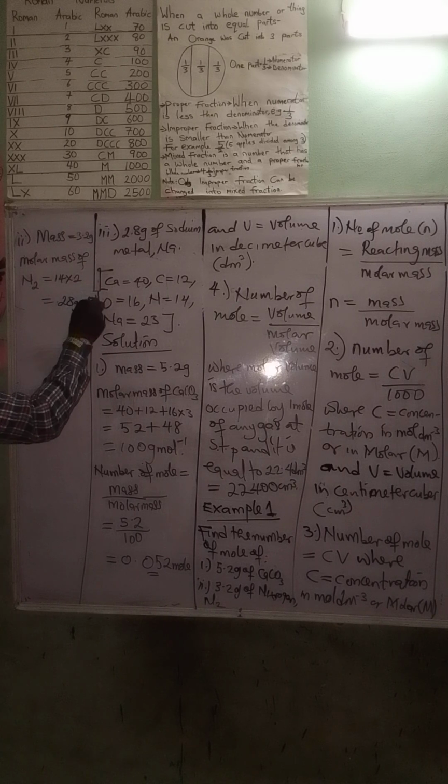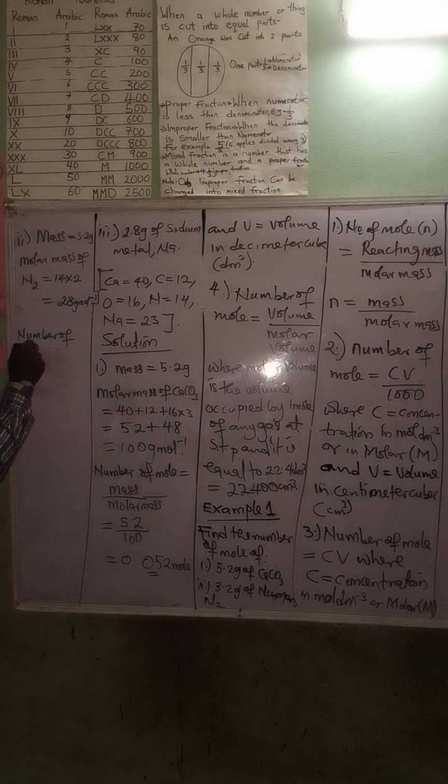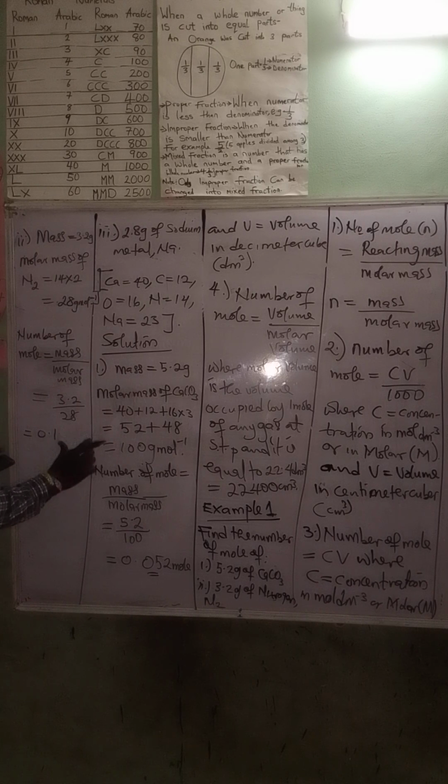Now, our number of mole will be equal to mass over molar mass. Our mass is 3.2, molar mass is 28. So we have 3.2 divided by 28. Answer is 0.14 mole.